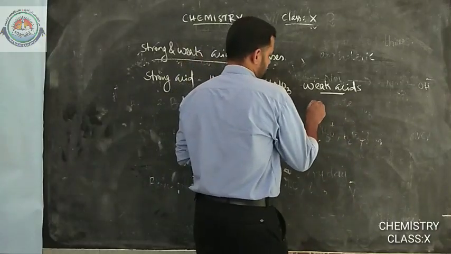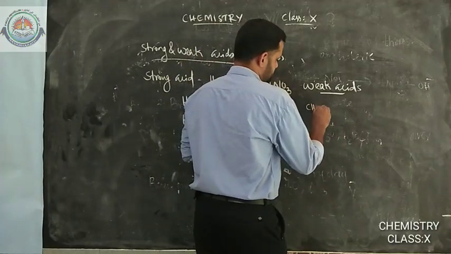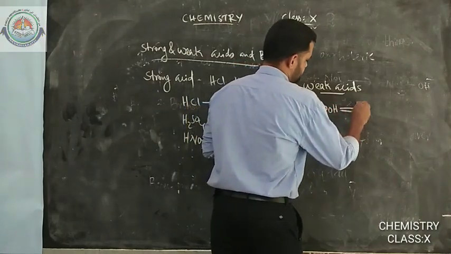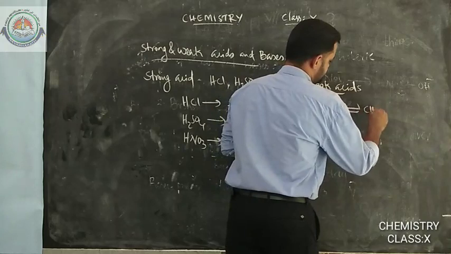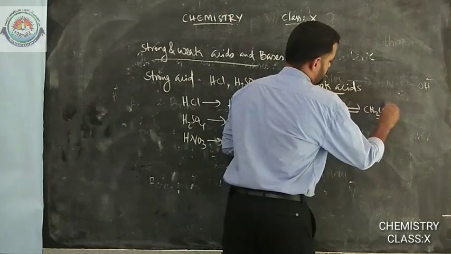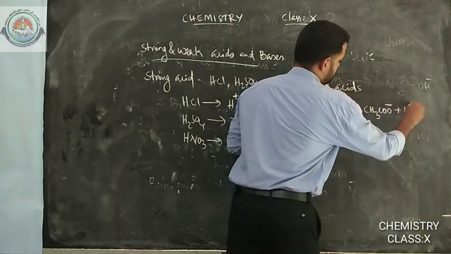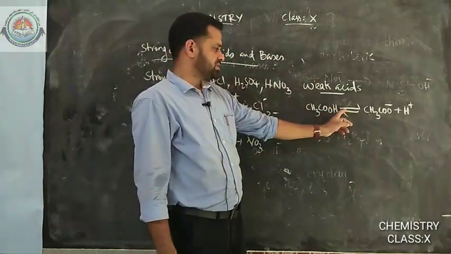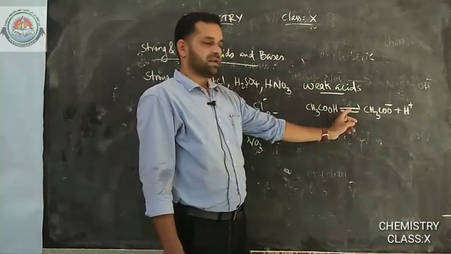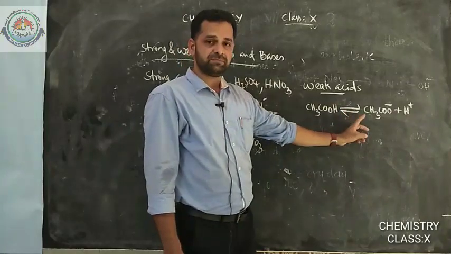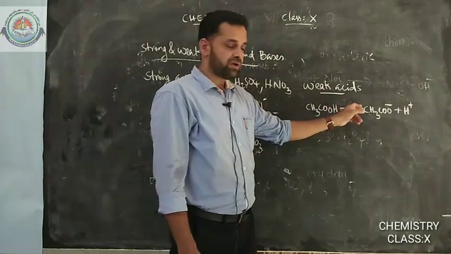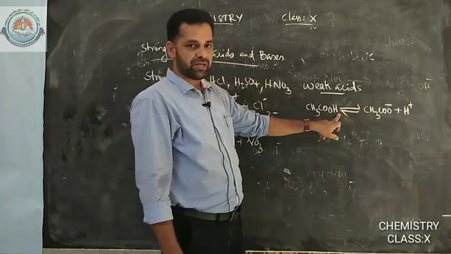Example: acetic acid, CH3COOH gives CH3COO minus plus H plus ion. Here you can see double headed arrows. These double headed arrows represent a reversible reaction, that is, this is called the forward reaction and this is called the backward reaction.